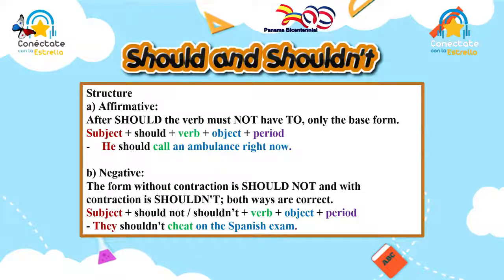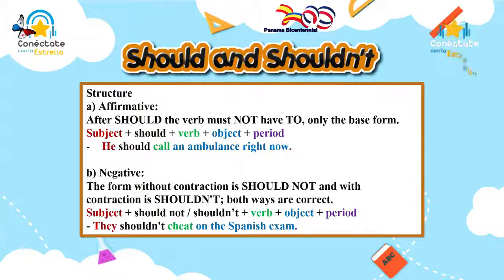Remember that because it's an affirmative sentence, it must end with a period. Let me give you an example again. He should call an ambulance right now. She should clean her room. Or she should pick up those papers on the floor.